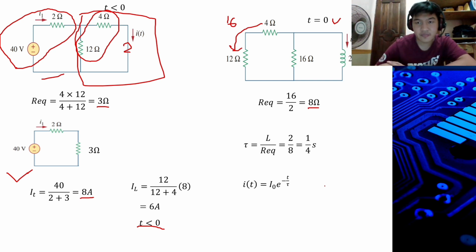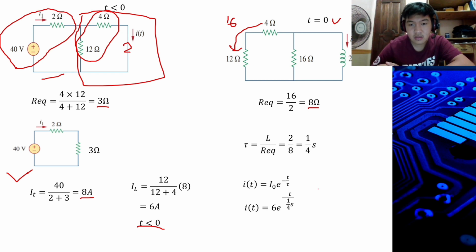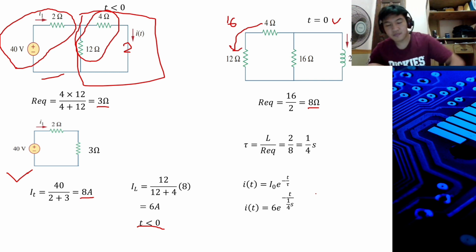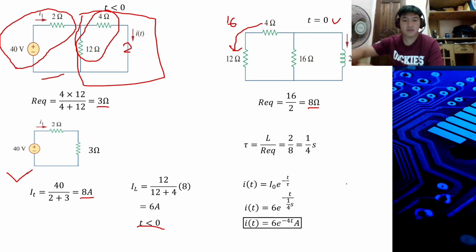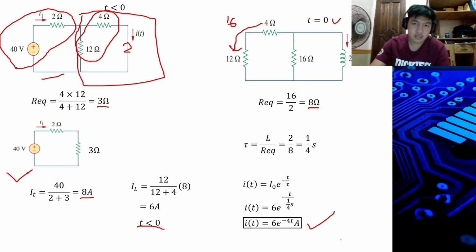We substitute 6, so 6 e to the negative t over 1/4 seconds. Simplifying further, we get 6 e raised to negative 4t amps. And that is the final answer.